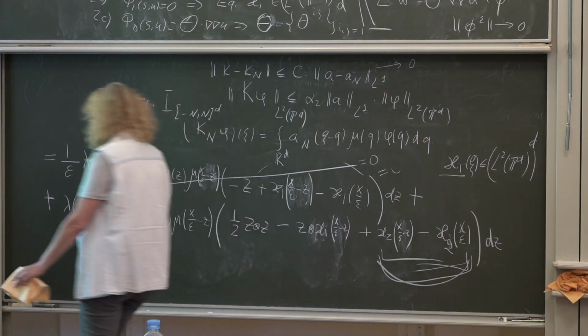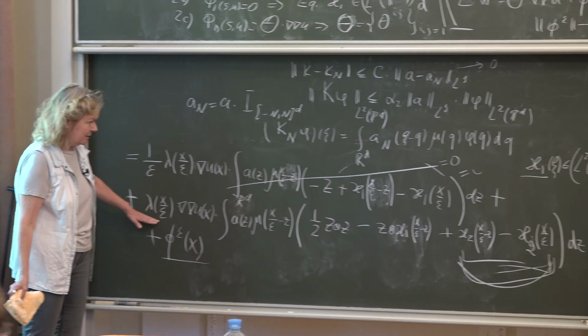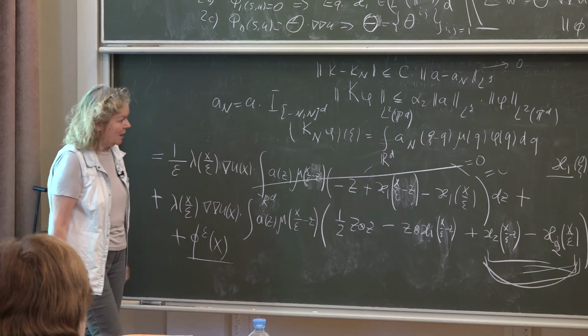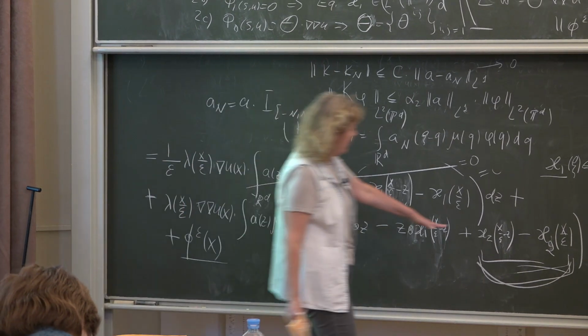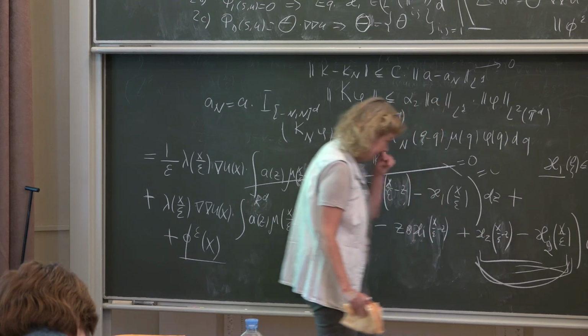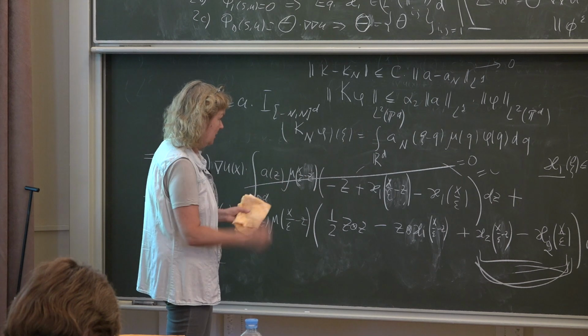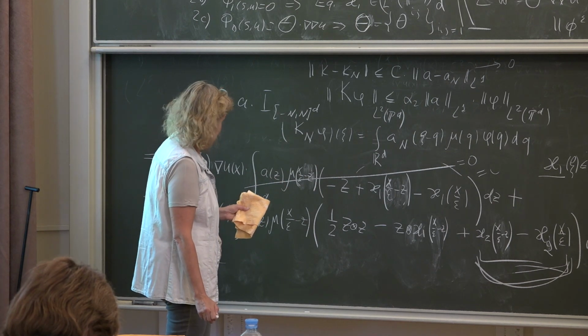Great. We don't have this singular term. But what can we say about the next term? Again, we have some equation, now on the second corrector. And now we look at what we can say about this one.